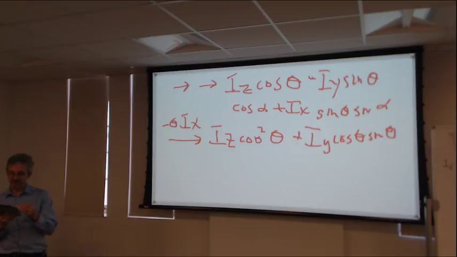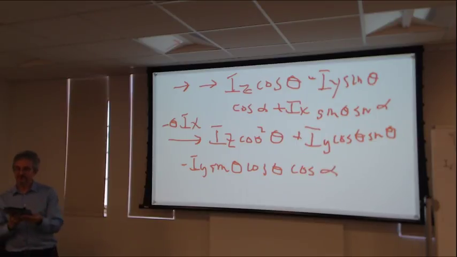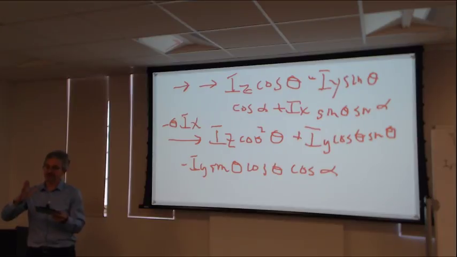The y magnetization will be an IY sine theta cosine theta cosine alpha, and then the minus x rotation will take minus IY to plus IZ.